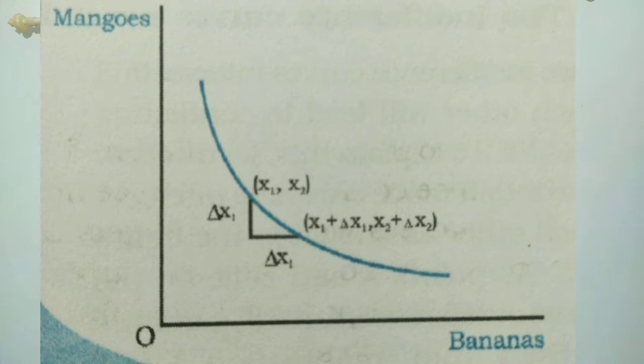What is the reason behind that? If the consumer wants to consume more units of bananas, he has to forego some units of mangoes. If the consumer wants to consume more and more units of bananas, at that time he has to forego more and more units of mangoes.